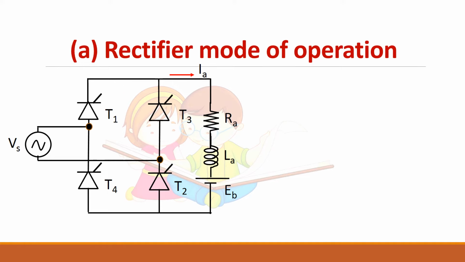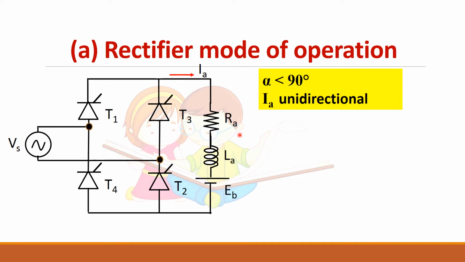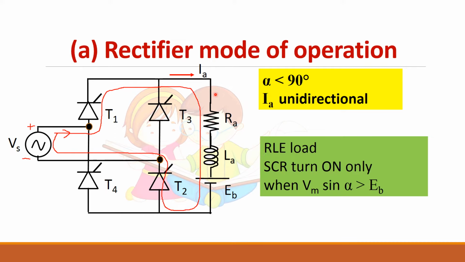In rectifier mode of operation, alpha is kept less than 90 degrees, Ia will always be unidirectional, and the motor load can be represented by an RLE load. The important thing to note here is that in an RLE load, the SCR will turn on only when the supply voltage is greater than the back EMF E, because this is a DC voltage and the supply is an alternating voltage which changes its magnitude all the time.